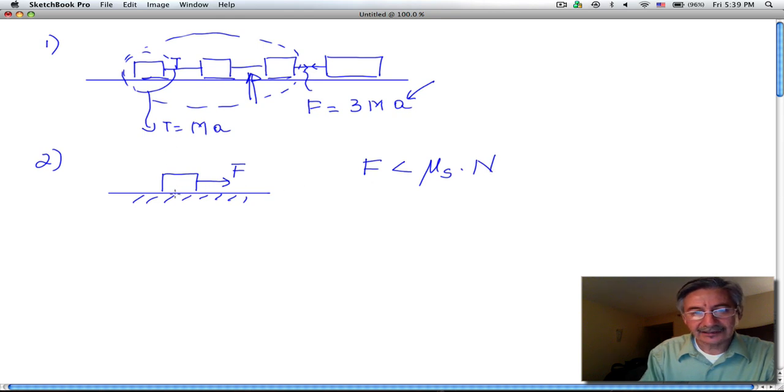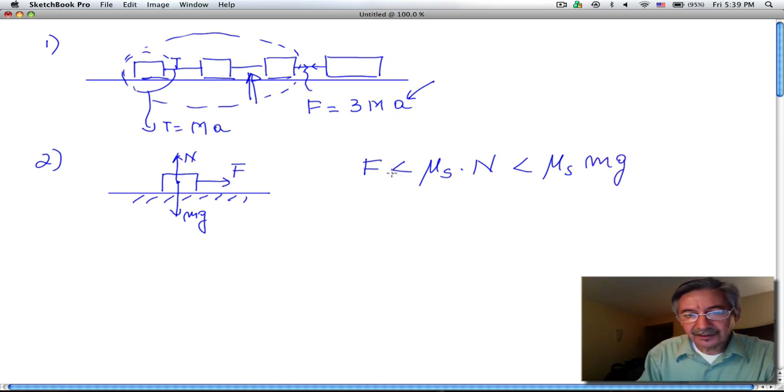And when you are in an horizontal situation, the normal force is equal to the weight. So this is less than that. But when it just starts to move, then these become an equal sign. So the force when you just start to move is equal to the coefficient of static friction times the weight, and this information is given.